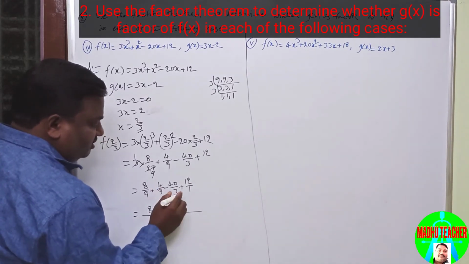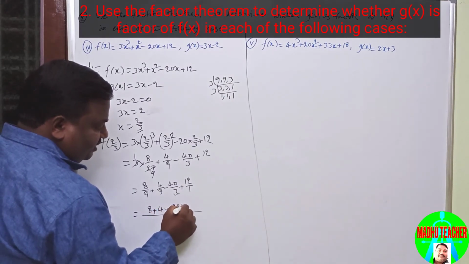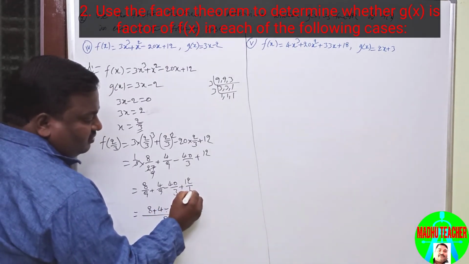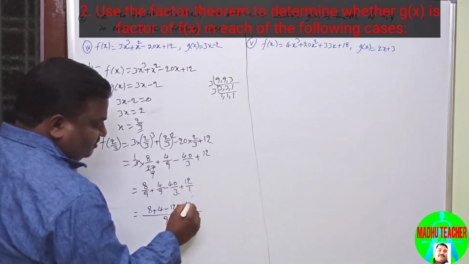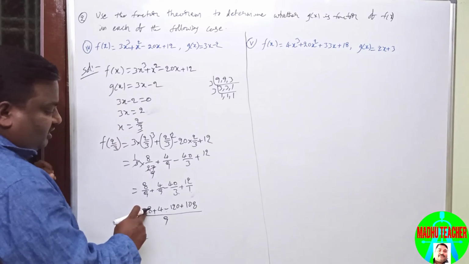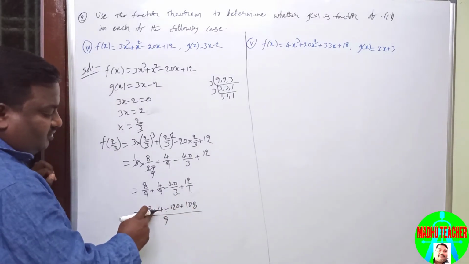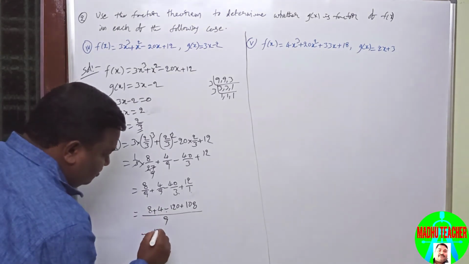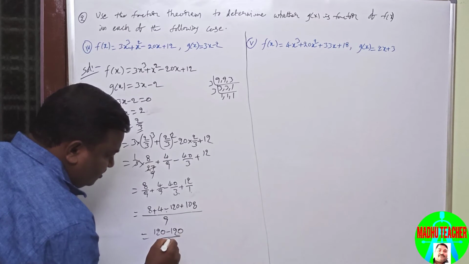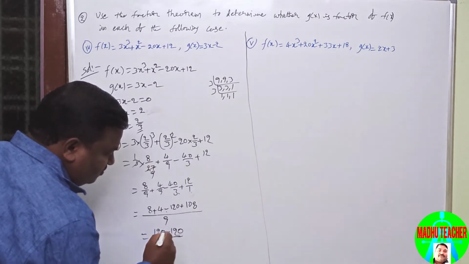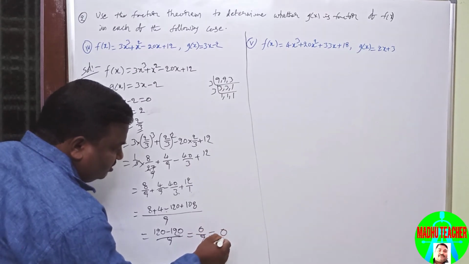So it is minus, 3 threes are 9, 40 threes are 120, plus 12 nines are 108. These three have plus sign, so 108 plus 4 is 112, 112 plus 8 is 120, minus 120 by 9. So here 120 minus 120 is 0, 0 by 9 is 0.